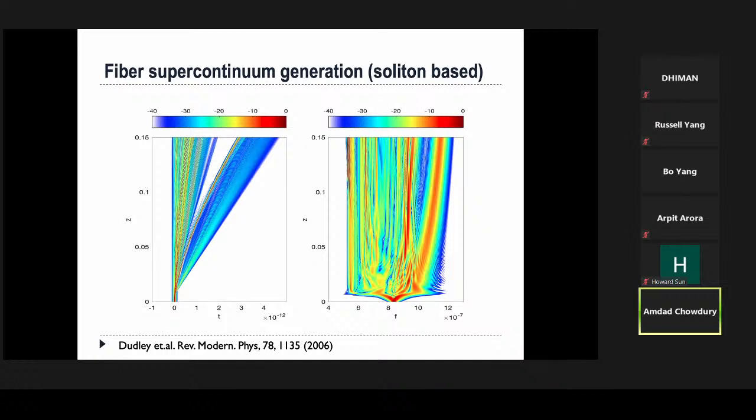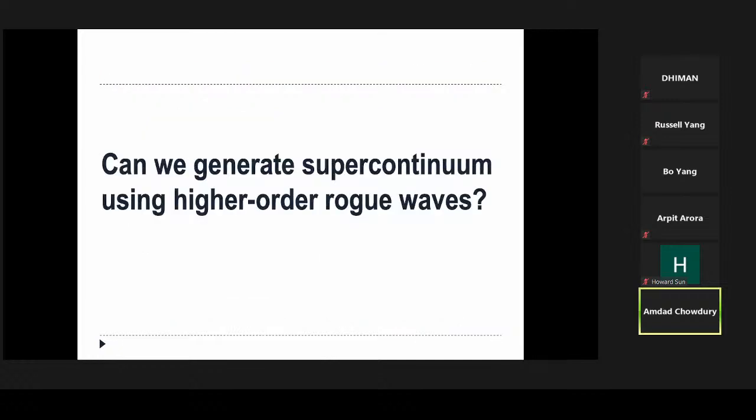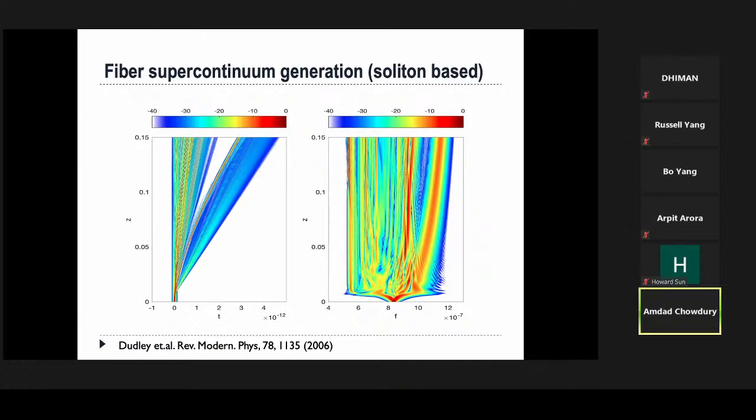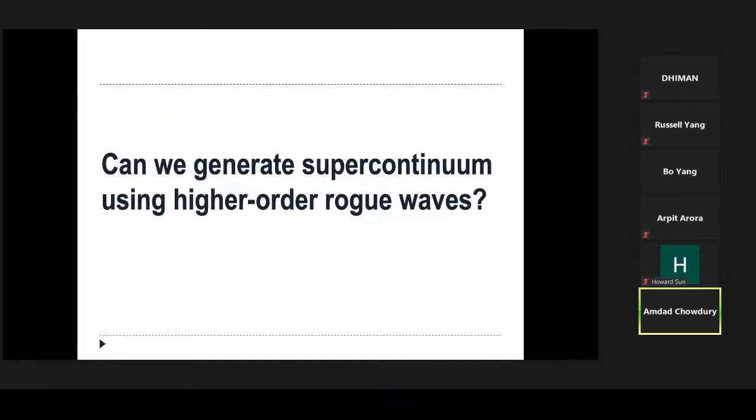So this is soliton based. The question is, can we get similar things using the rogue wave? Primarily there is a similar type of continuum using the rogue wave in an optical fiber, and this is a very recent development.